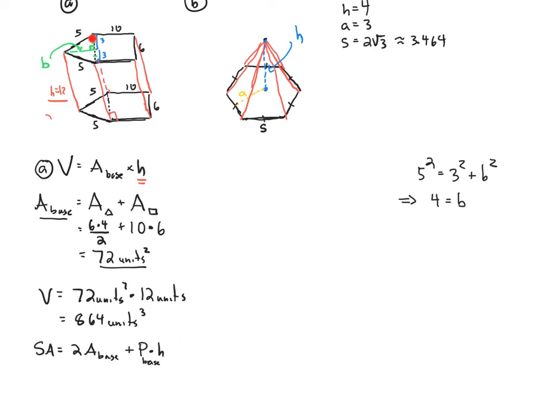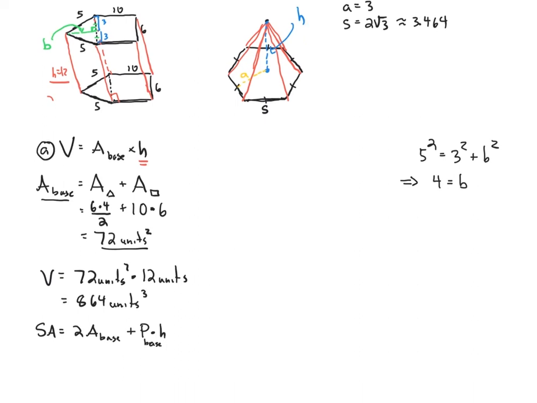So the perimeter of the base is 36, just adding up all the sides around here. Be careful. I see a lot of students make a mistake. They'll add up this length here, but that's not really on the outside of our polygon. So just be careful about that. It's only a 5-sided figure, so we're going to add up 5 lengths. So we got 36, and the rest we have. Let me scroll back down.